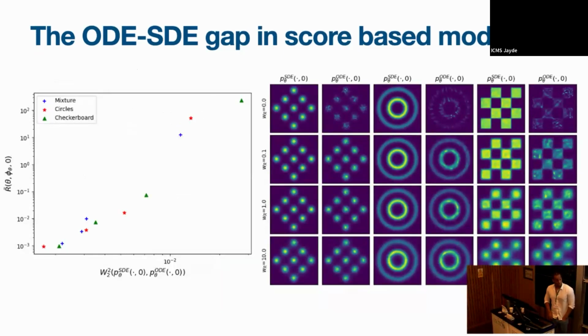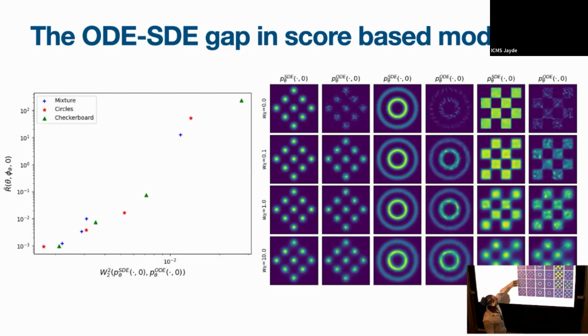This is what we got. Focusing on this picture on the right, if you have no regularization, you get the image that I showed earlier, where there's clearly a difference. With just a little bit of regularization, we get much closer, although this clearly isn't perfect. With very strong regularization, these two things start to look very much like each other.